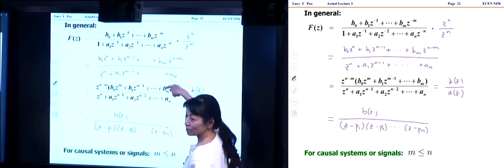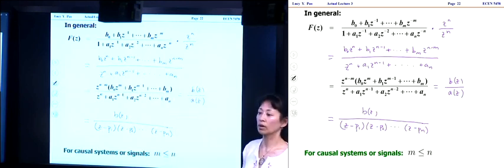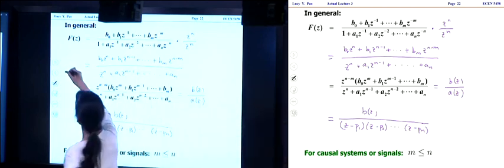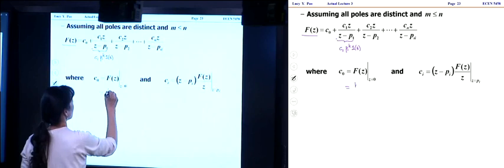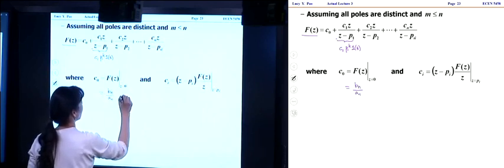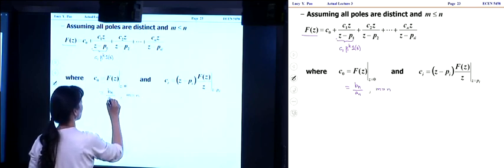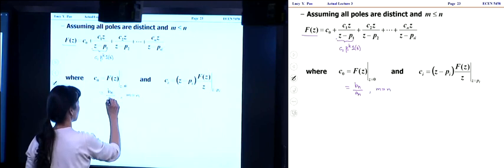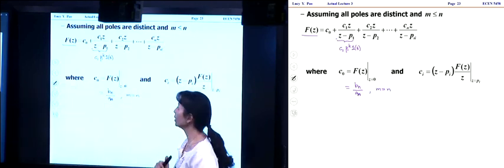In that case, it'll be b sub n over a sub n because n and m are equal. Otherwise, it's equal to 0, all right?